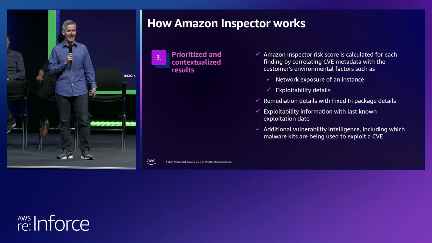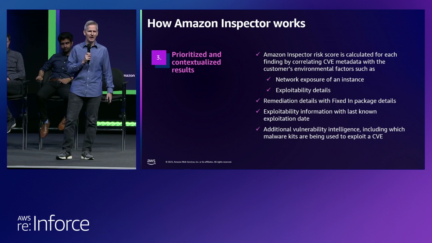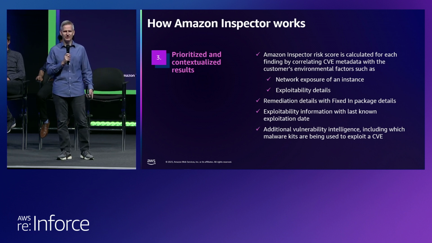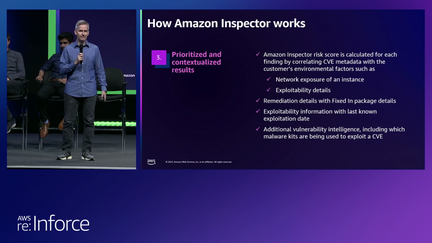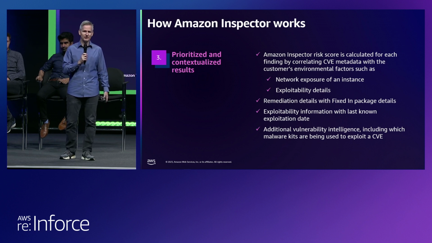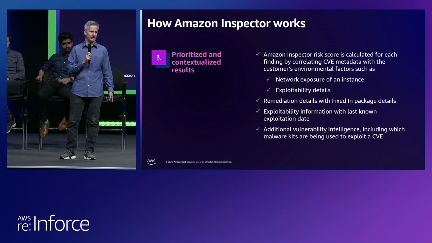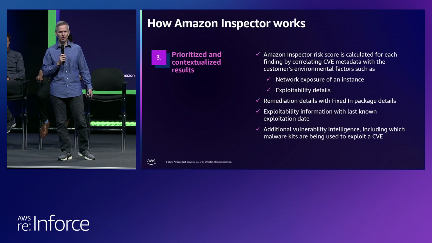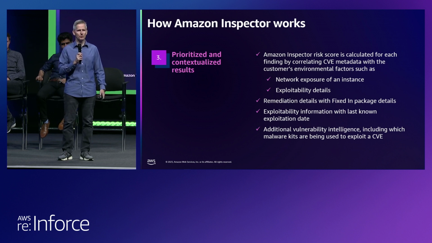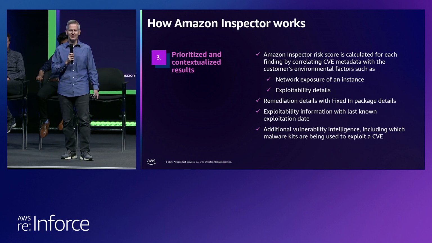If so, and that vulnerability requires that type of access, that's really important. And if the vulnerability requires network access and you don't have network access, then that's probably less important to you. Same thing with exploitability. If the vulnerability is exploitable, that's super important. If it's not, it's probably less important.